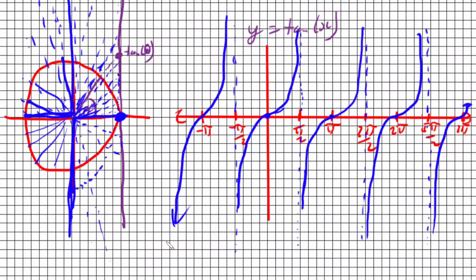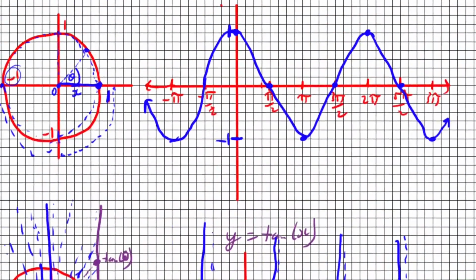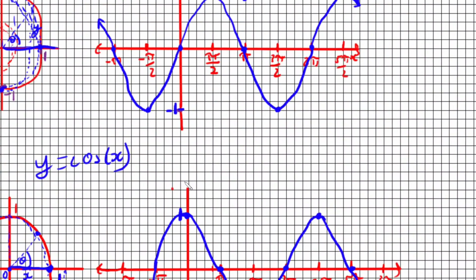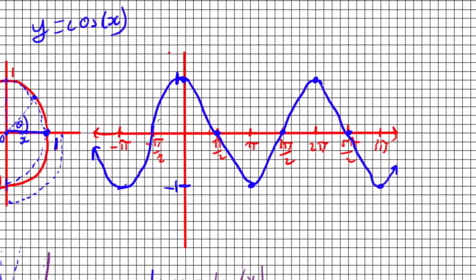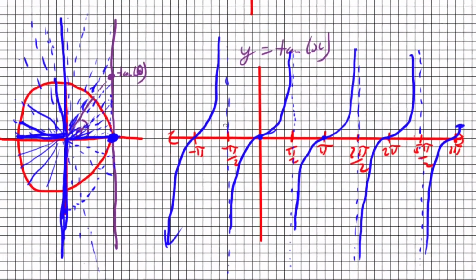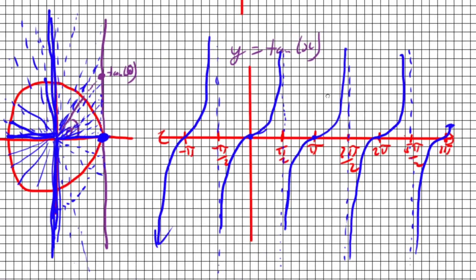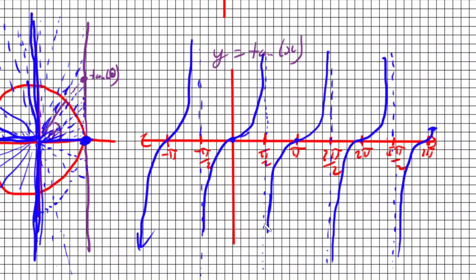So tans are a little bit different. Sine and cos, we get this nice oscillating cyclic pattern, okay? But as we get into tan, because every 90 degrees we're on this vertical line, we actually end up asymptoting every 90 degrees, or every pi on 2.